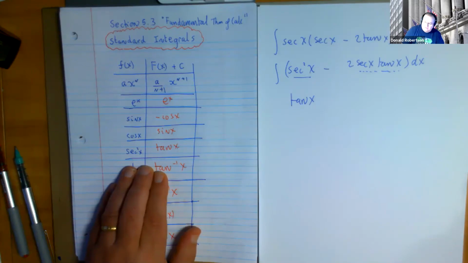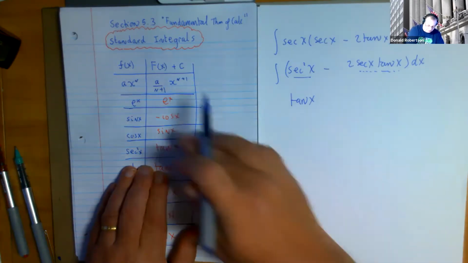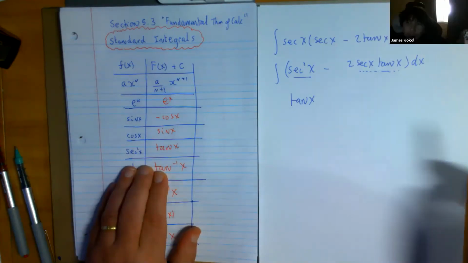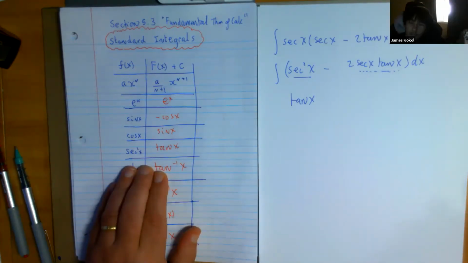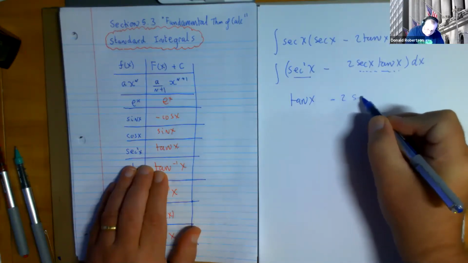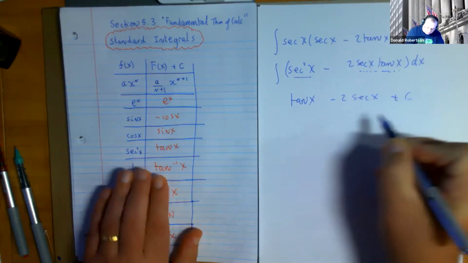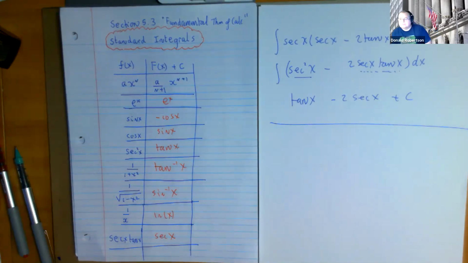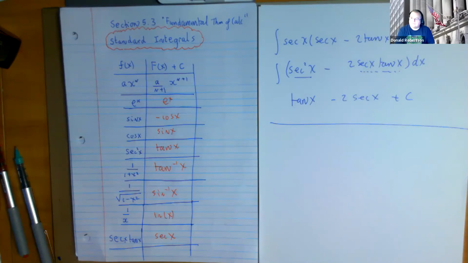My hand is hiding it, so you're going to have to do it without saying it. But it is in our table. Secant. Yeah. So negative 2 secant tan is negative 2 secant. And then you just tag on a plus C and you call it good. Pretty straightforward.